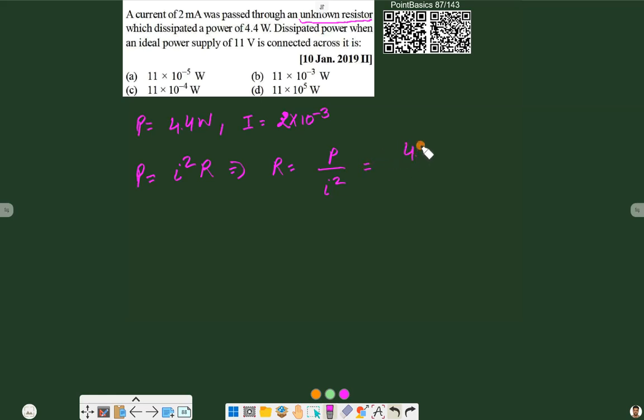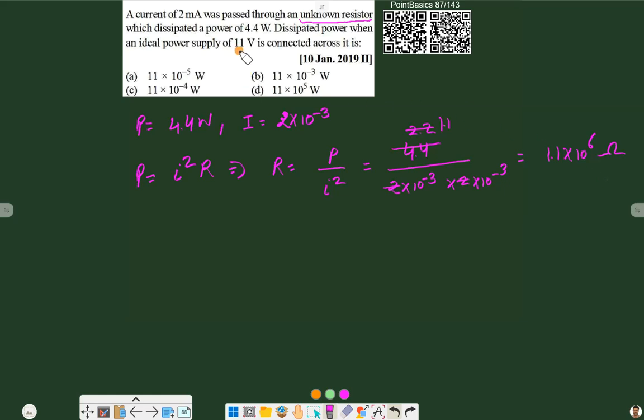So power is 4.4, I square will be 2 into 10 raised to power minus 3 into 2 into 10 raised to power minus 3. So this will give us 2.2 and this will further give us 1.1, and we will be left with 1.1 into 10 raised to power 6 ohms. So this is the value of resistance, and the value of resistance stays constant.